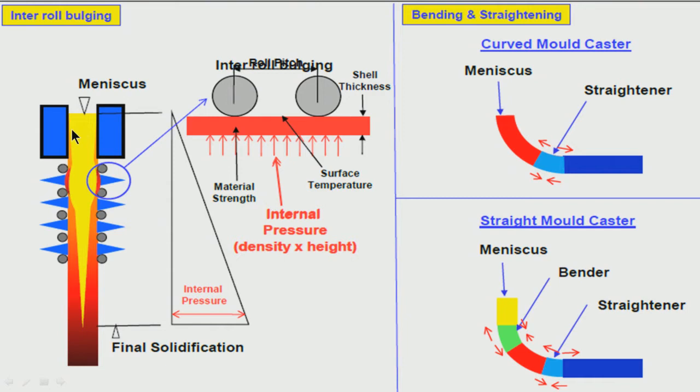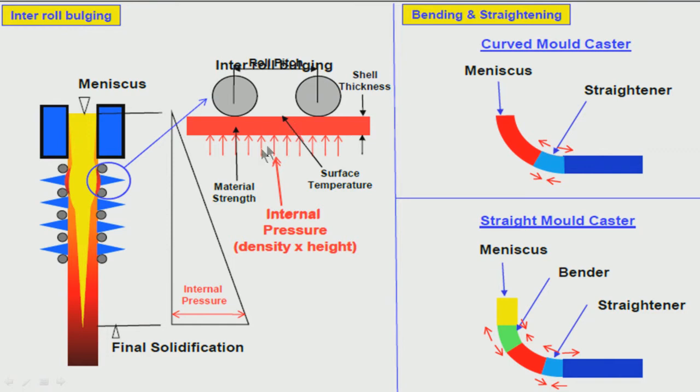If the heat transfer is high, dendrites will be smaller in size, which is desirable. We do not want a coarse structure, we do not want coarse grains. The size of the cast structure, whether the dendrites or final grains, depends on the heat transfer. So, heat transfer is going to be very important here.